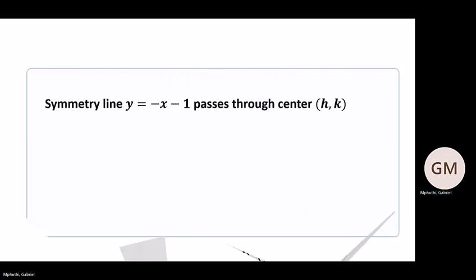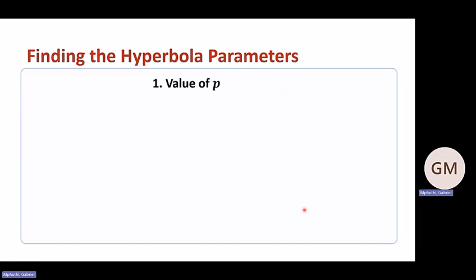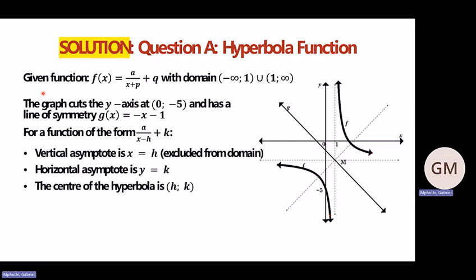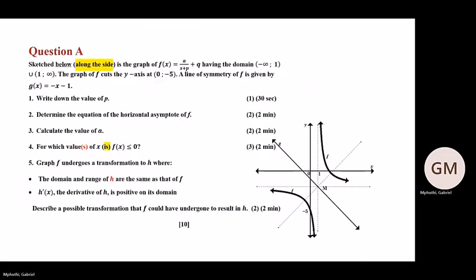If I may go back a bit to the function, so that at least we are not lost. So this is what we were given. In fact, if we may start the question. So far we have done up to number 3. We have found the value of p. The question says just write it down quickly, but as I'm doing it, you can understand where the value of p comes from.